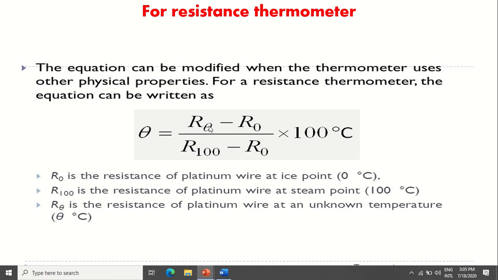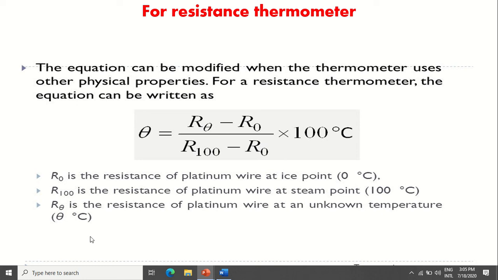Here R theta, that means the resistance at theta degree Celsius, minus R naught, that means the resistance at 0 degree Celsius, and here R100, the resistance of platinum wire at steam point or boiling point, that is 100 degrees Celsius, and R0, that is the resistance at 0 degree Celsius, that means ice point.